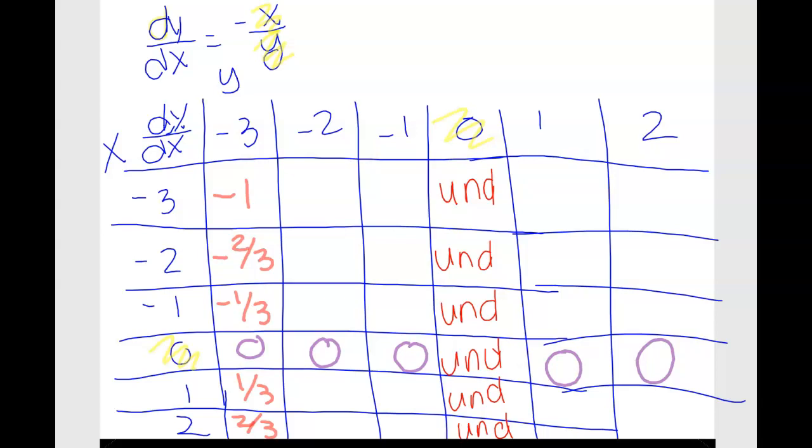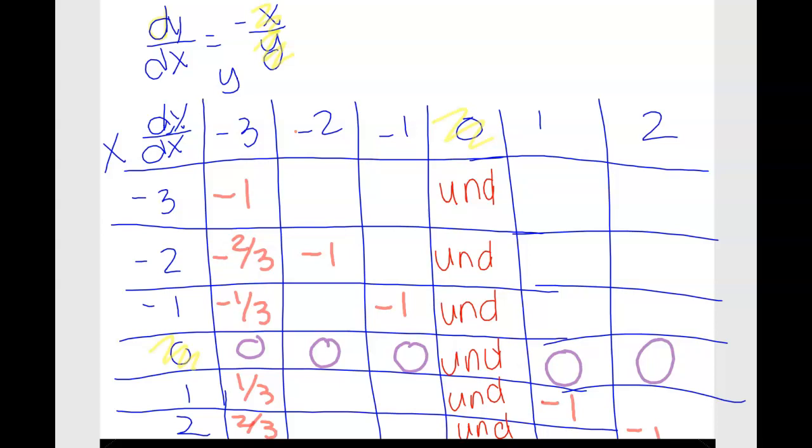So anytime the x and y values are the same number, then their slopes are going to be 1 or negative 1, depending. So in this case, the negative and the negative make this negative 1. Negative and negative make this negative 1. The 2 and 2 also become negative 1.